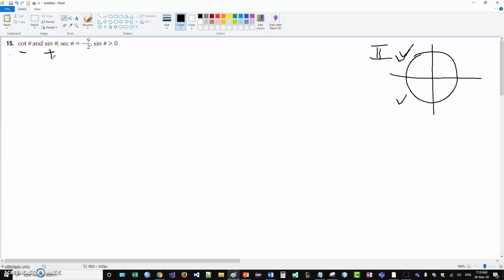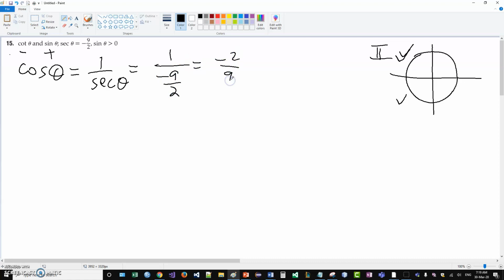Okay, let's get to it. We have secant theta equals minus 9 over 2. Okay, going to start differently than last time. Now cosine theta equals 1 over secant theta equals 1 over minus 9 over 2 equals minus 2 over 9.